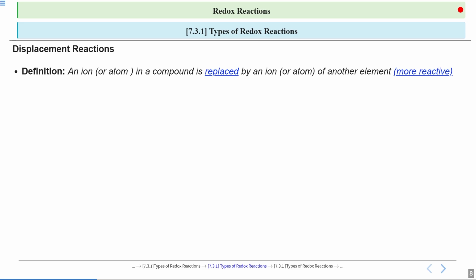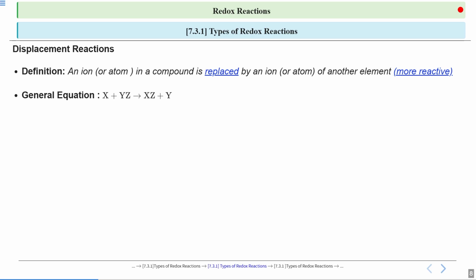That means an element is taking the position of another element. You can understand it by the general equation, where X and YZ are the two reactants which combine and form the products XZ and Y. Here you will find that X has taken the place of Y. Now one question arises: why is X replacing Y?